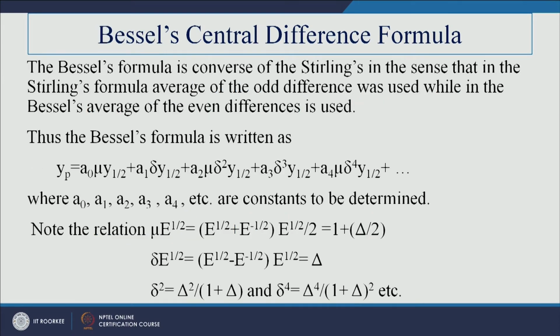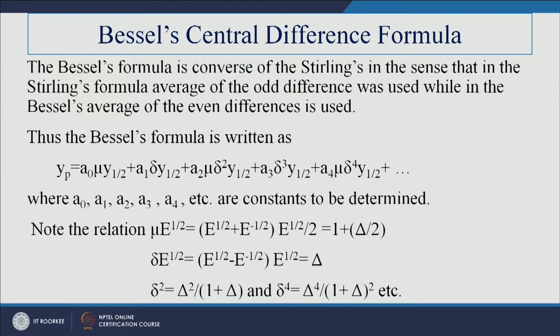So next we will go for Bessel's central difference formula, where we will use the opposite of Stirling's formula. This means that the average of odd differences is used in Stirling's formula, but here we use the average of the even differences. This means that in the a0 term, a2 term, a4 term, we use these average operators there.